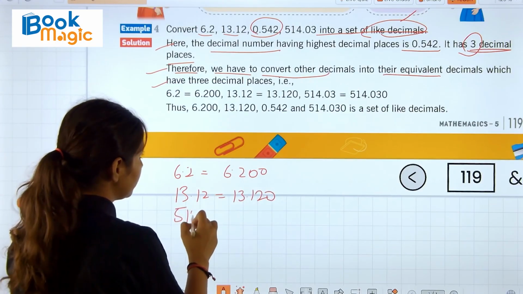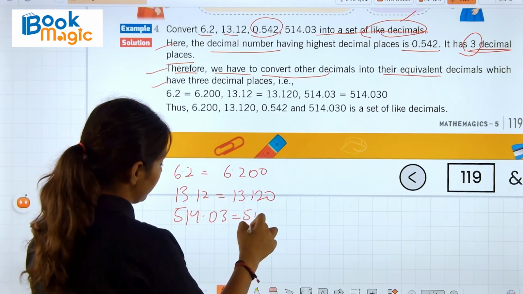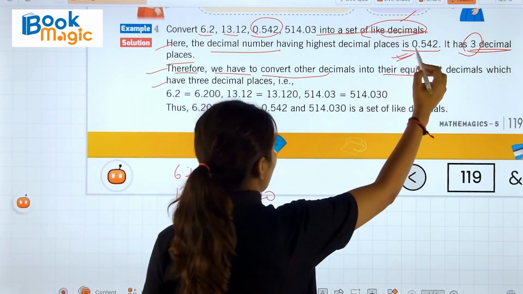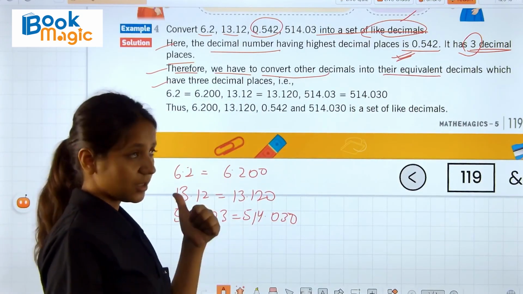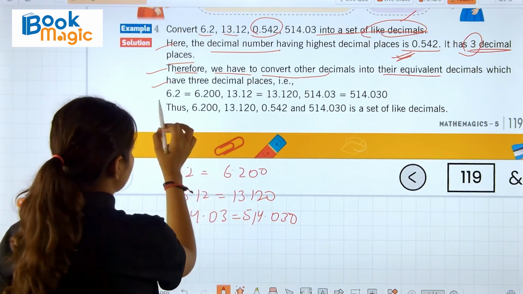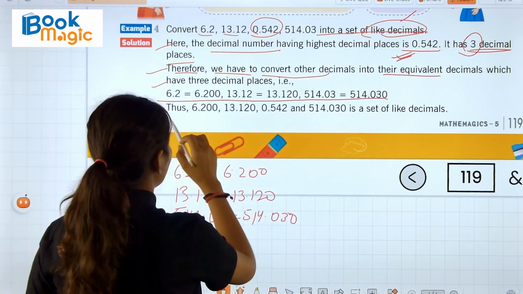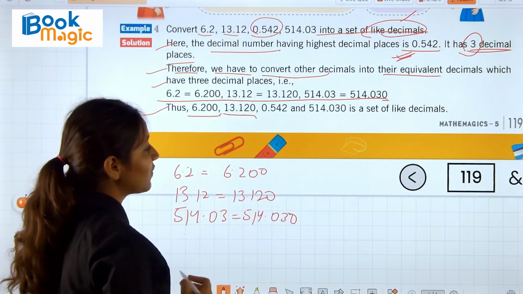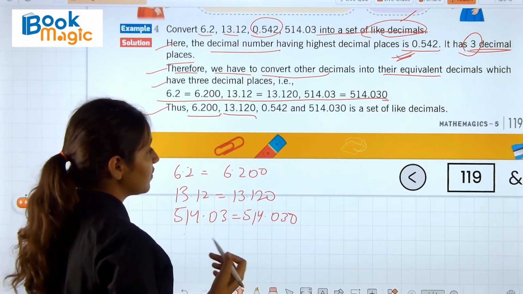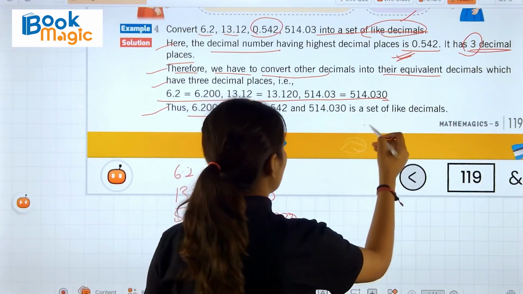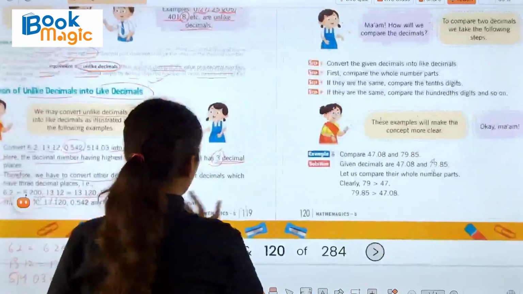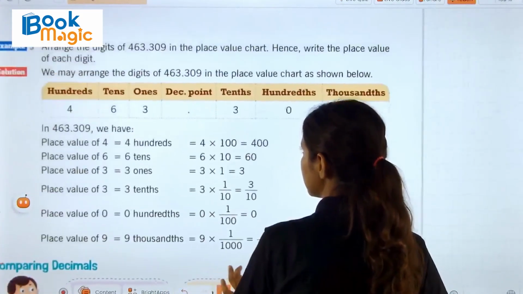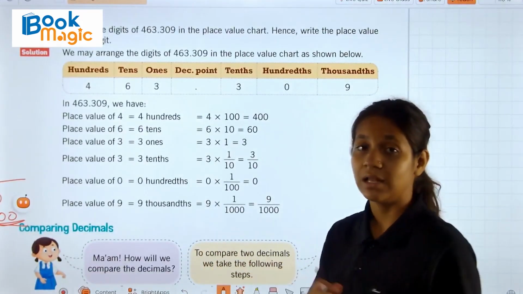Now 504.03 can be written as 504.030, and 0.542 is already in its like position. Thus 6.200, 13.120, 0.542 and 504.030 is a set of like decimals. This is how we will do unlike to like.